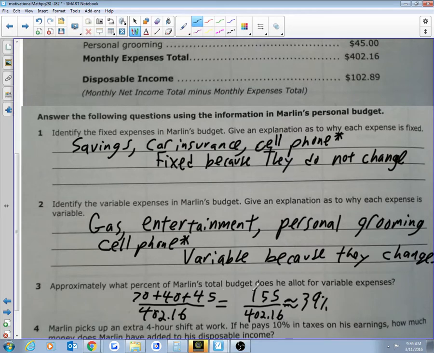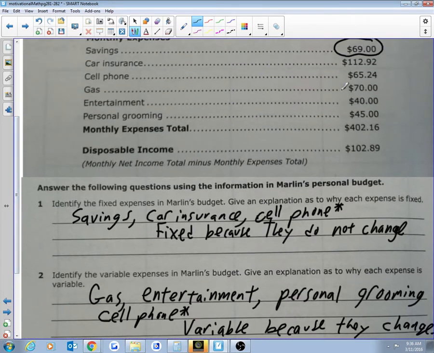Now, if we included the cell phone, we'd have to do 155 plus the 65.24.